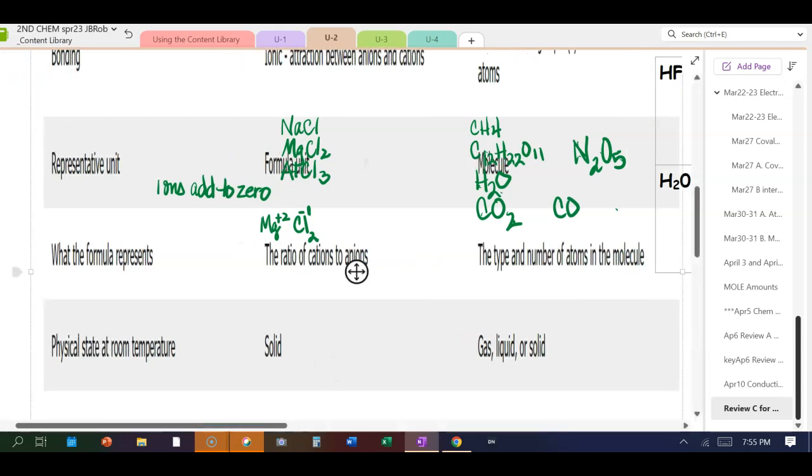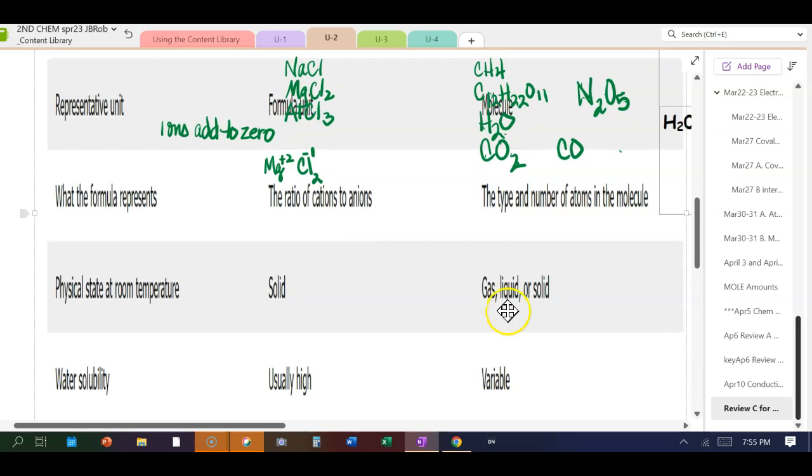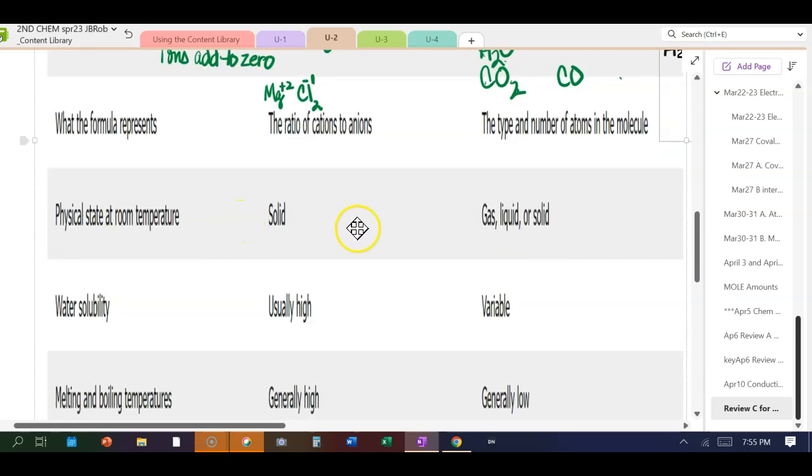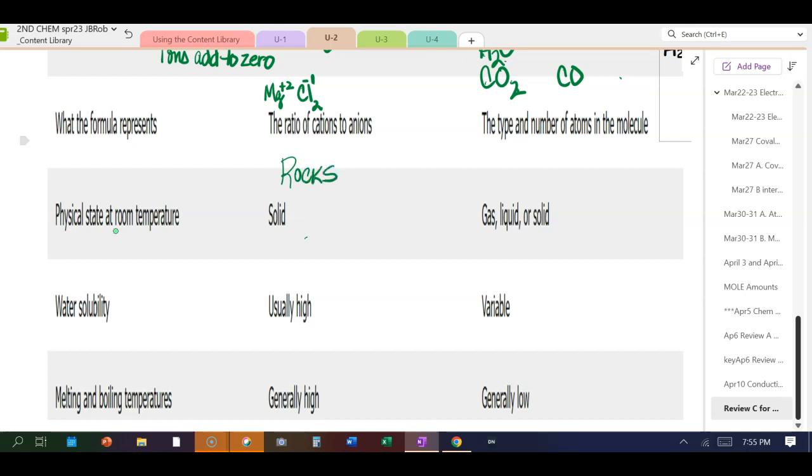All right, now what about states of matter? Well, most ionic compounds are solids. They are like rocks. Rocks are ionic compounds. In fact, they're a conglomeration of many different ionic compounds.